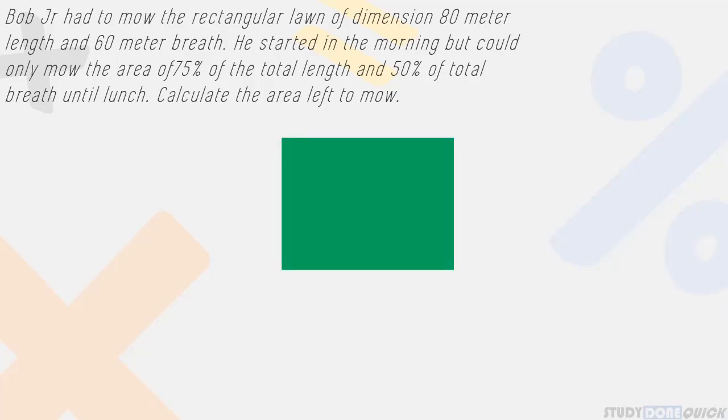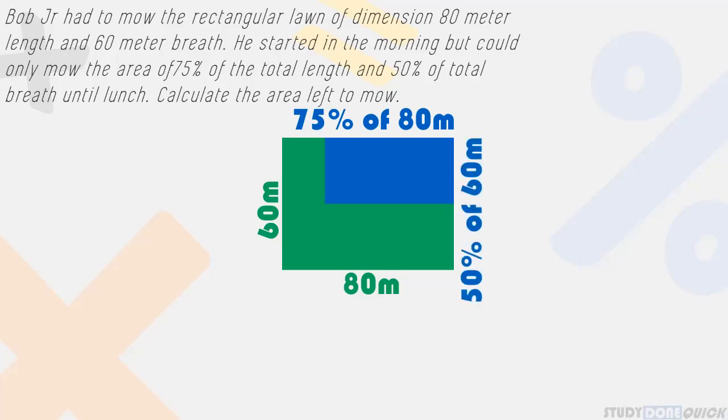So we know that the lawn is an 80 meter by 60 meter rectangle, and the area mowed by Bob Jr. since morning is also a rectangle, but a bit smaller because its length is 75% of the whole lawn's length and its breadth is 50% of the whole lawn's breadth.